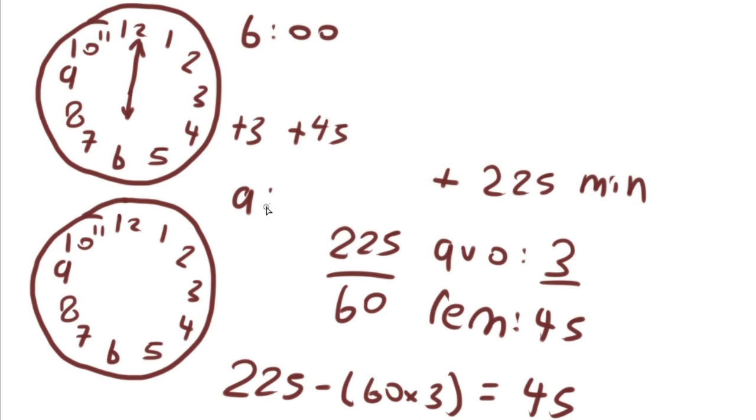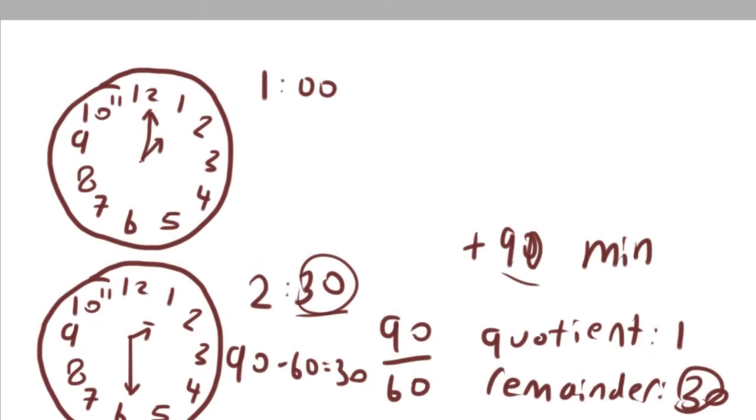So our time is 9:45. Oh, that's interesting. I didn't even plan that out. They're both pointing in the same direction. Okay, 9:45. So that is how you use mods, remainders, when telling time.